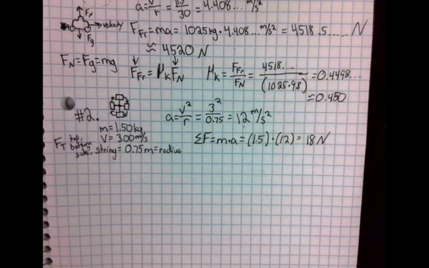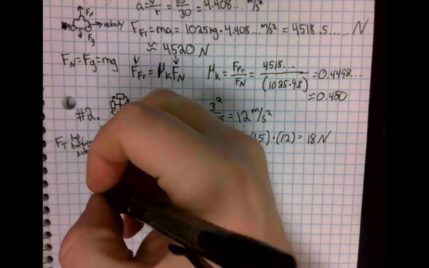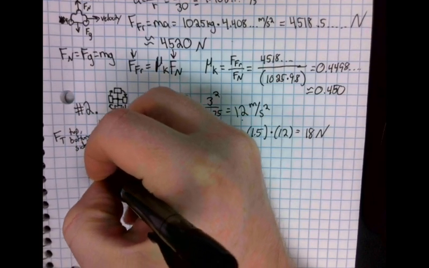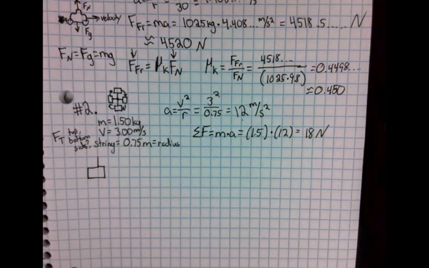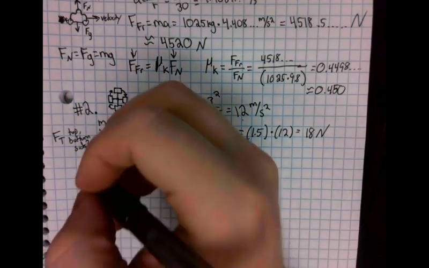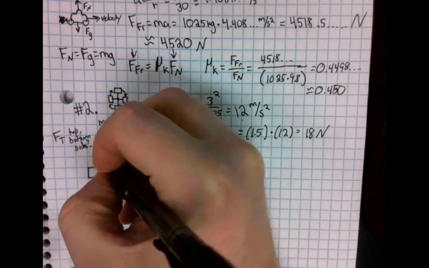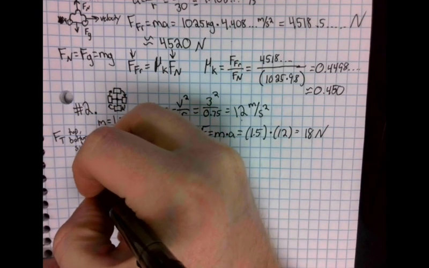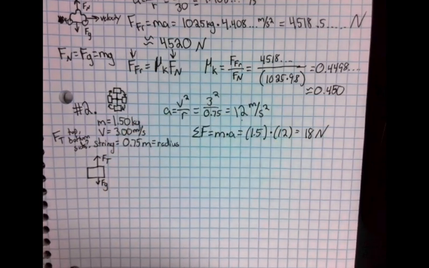So these two values are useful. Let's pick one of the points. I'm going to start with the bucket hanging down. So I have my bucket at the bottom position. First thing, I'm going to have the force of tension. Instead of the normal force, because it won't have the normal force since it's being swung in a circle, so it's off the ground, the force of tension is pulling it upwards. We would also expect gravity to be acting downward.